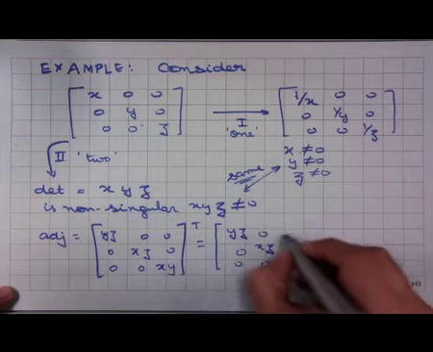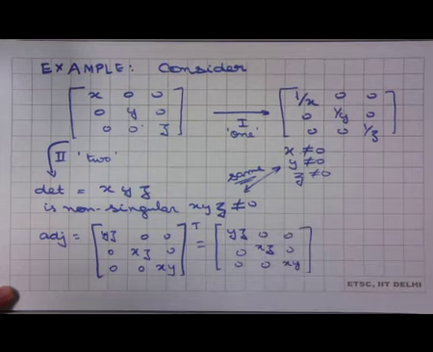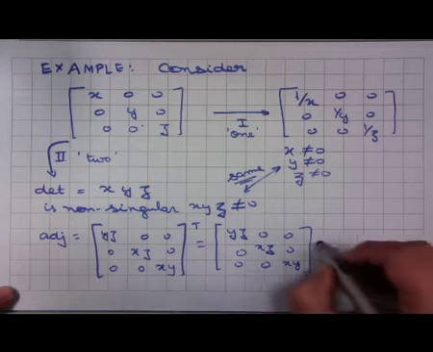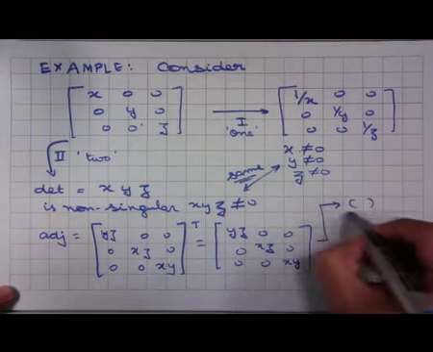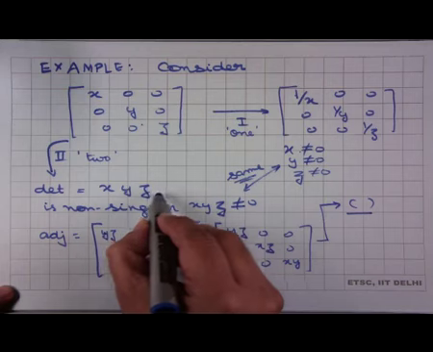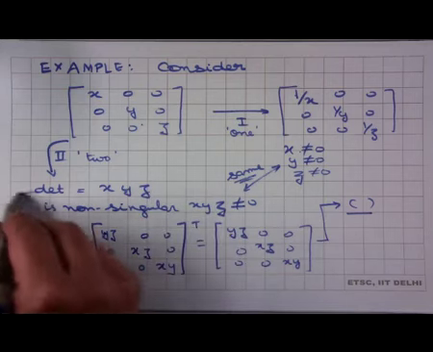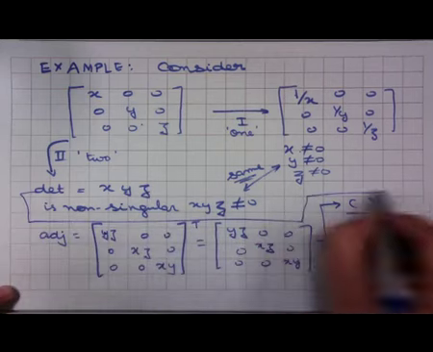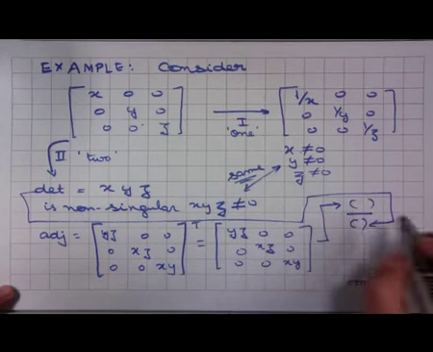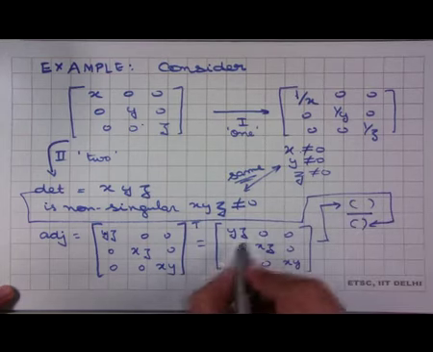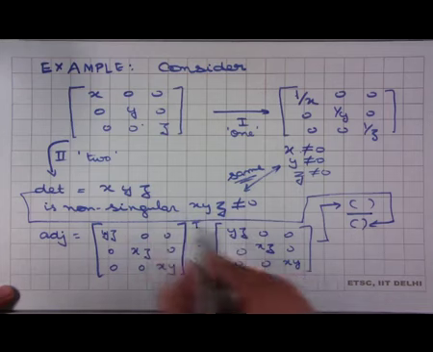So, just to write it down again, it would be yz, xz, xy, and everything else is 0. Okay. And the inverse will be the adjoint divided by the determinant. In that expression, you see that we divide yz by xyz. So, you will get 1/x.